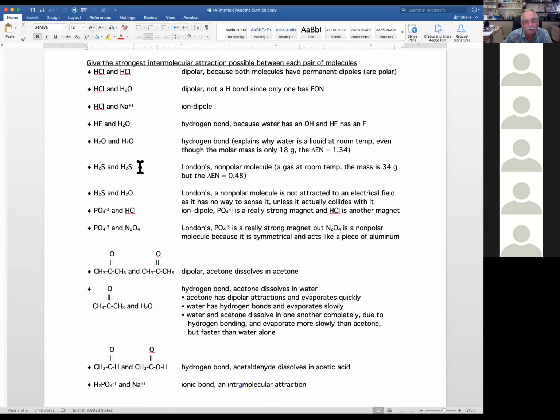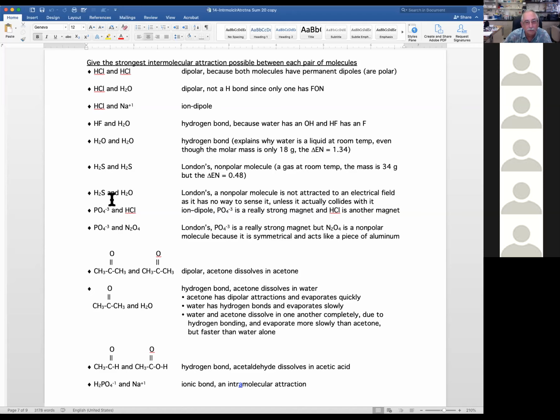The sulfur to hydrogen difference is only 0.48, so it's nonpolar. But hydrogen sulfide is a gas at room temperature where water is a liquid, even though the mass of this is twice as much as water. Attractive forces are more important than the masses. Here's a polar molecule, here's a nonpolar molecule.